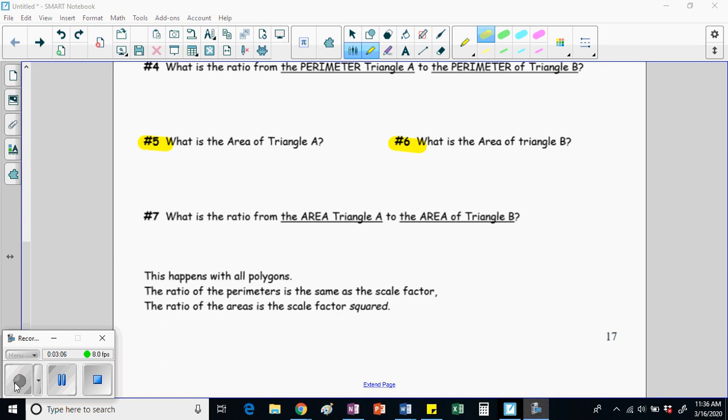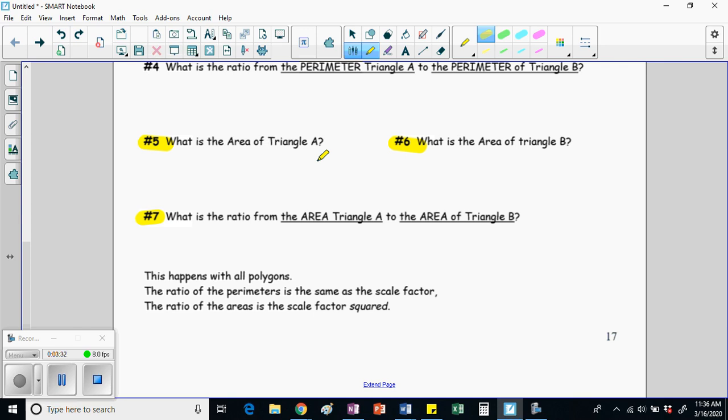Now, your answers to problems 1 and 4 should be related to each other, and predictably so. You get an answer that makes sense for both of those. But when we get down here to problems 5 and 6 and 7, our answer takes a little more thought for it to make sense. For problems 5 and 6, you're just going to find the area of the two triangles. To find the area of the triangles, remember, you're just going to do, since it's a triangle, 1/2 times base times height for both of them.